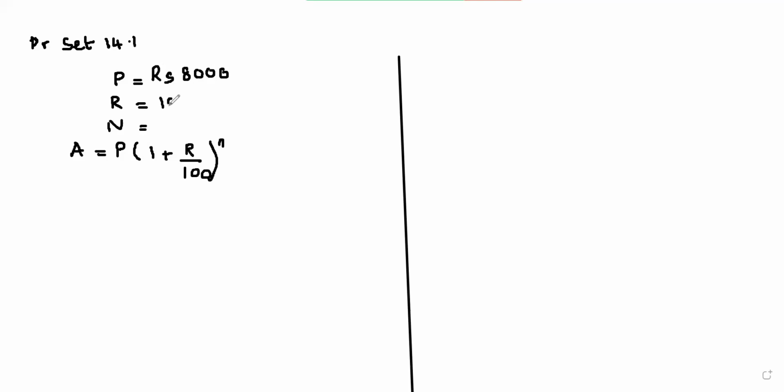So when I'm writing 10.5, I'll write it as 10.5% per annum. Okay. After 2 years, how much compound interest will she have to pay? So number of years is 2 years. We are calculating the compound interest, right? But the amount we have to calculate first.